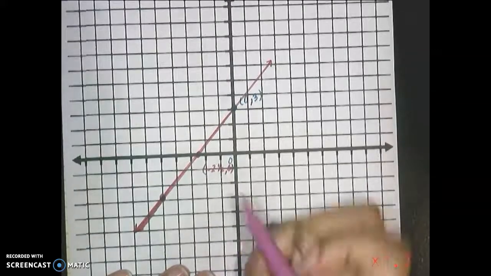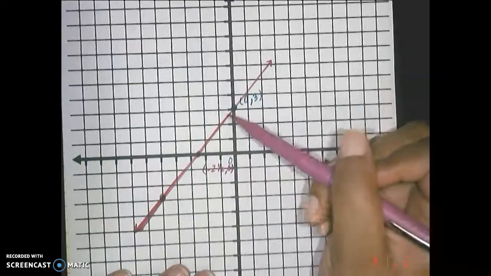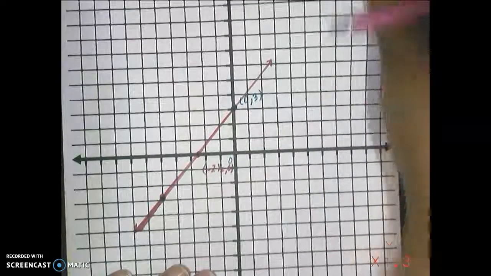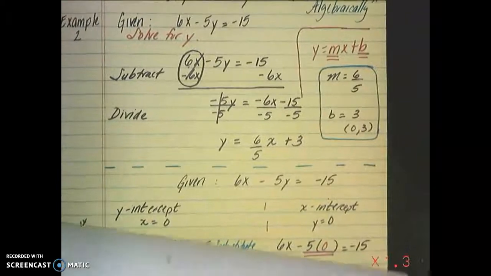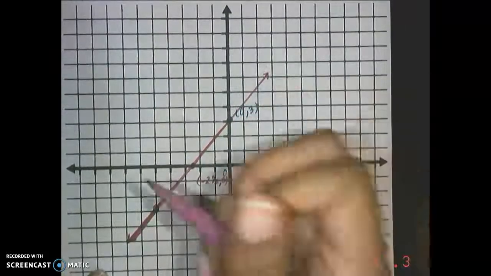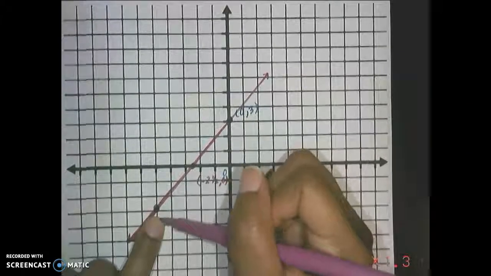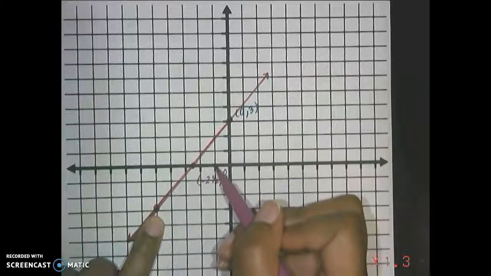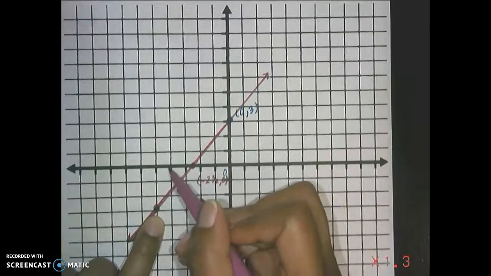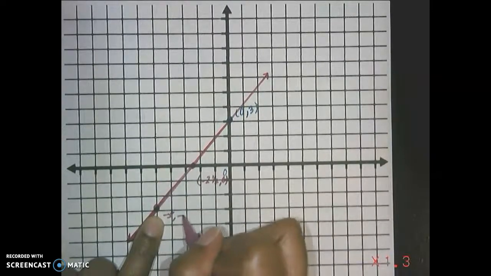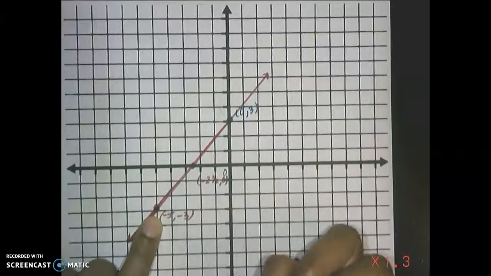But anyway, what I wanted to point out to you is that 0, 3 is our y-intercept, and from the first part that we did to identify the slope was 6 over 5. I want to show you where that comes in. If I would have drawn the line better, then it would have gone through this point, which is 1, 2, 3, 4, 5. So -5, -3 is also a point on this line.